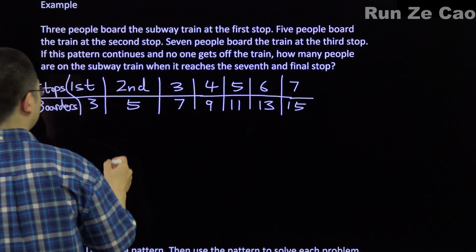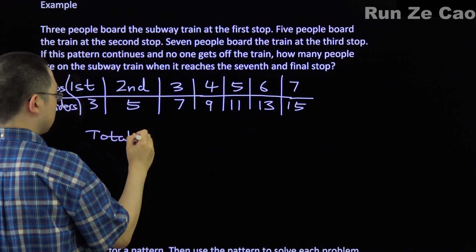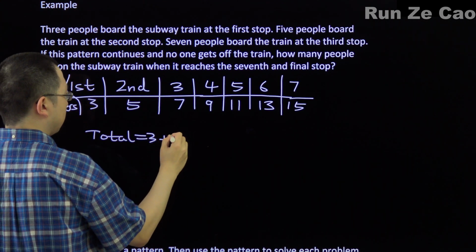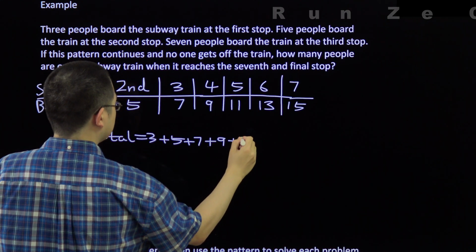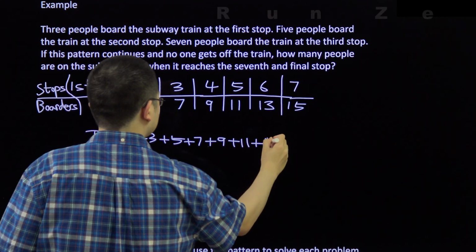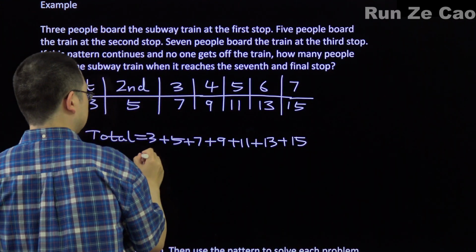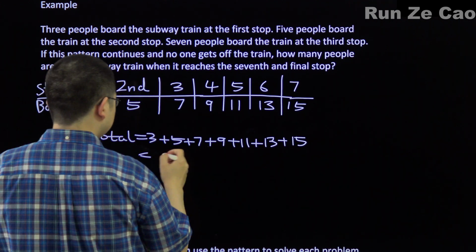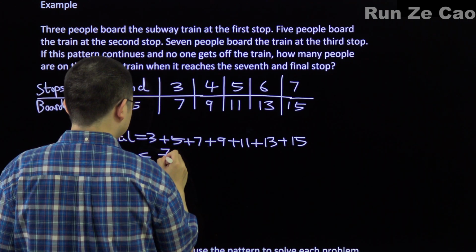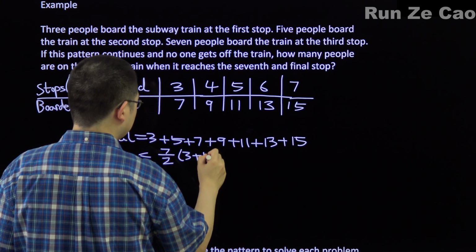So we're looking for total equals 3 plus 5 plus 7 plus 9 plus 11 plus 13 plus 15. Which means you're looking at 7 over 2 times 3 plus 15.